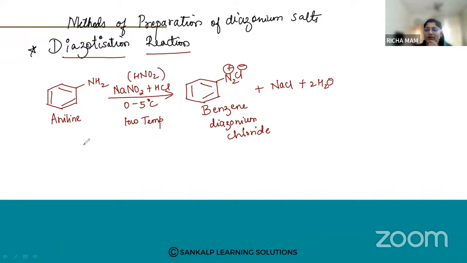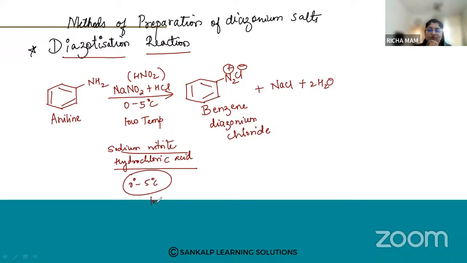Primary aromatic amine, we react it with the mixture of sodium nitrite and hydrochloric acid at a temperature of 0 to 5 degrees Celsius, that is, at a low temperature. We get benzene diazonium chloride, or benzene diazonium salts. So this is the diazotization reaction.